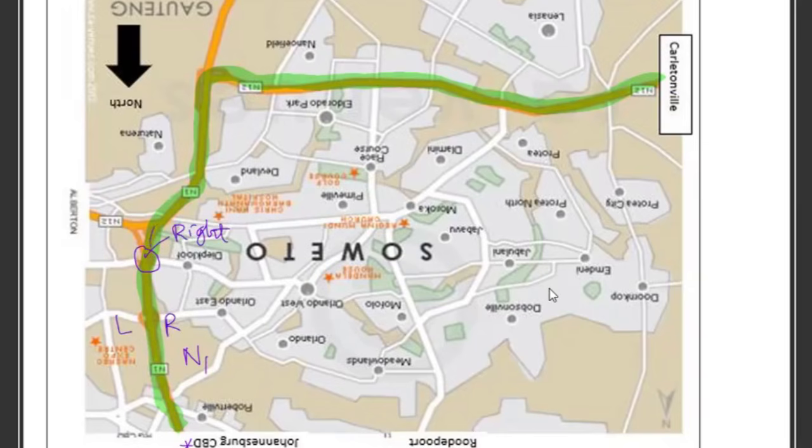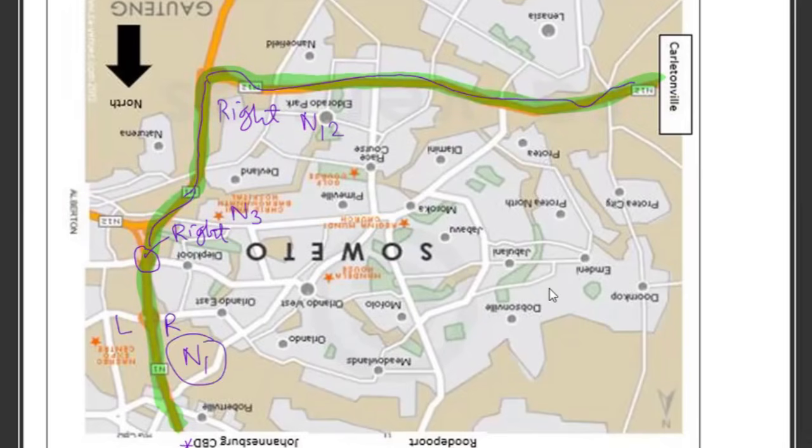Then you continue. Turn right onto N3. As you go on N3, find the first turn, then turn right again. What are you turning onto? You are turning onto N12. Follow N12, pass the roads, and you reach Carltonville.